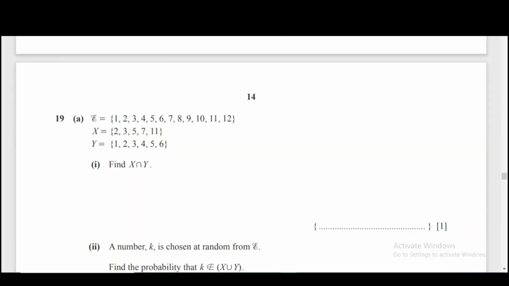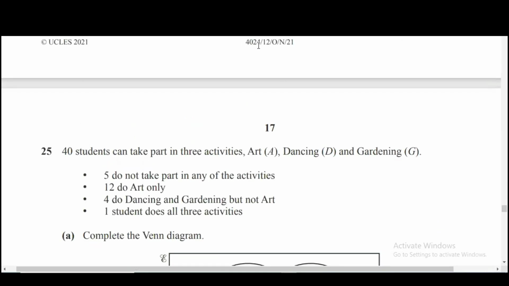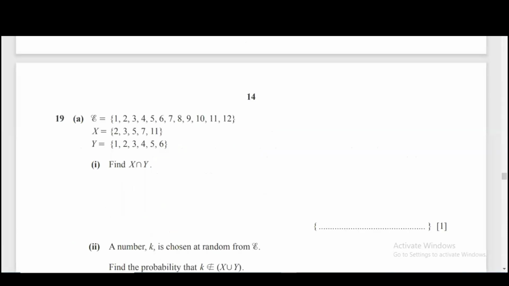There are two papers I'm going to discuss here: 4024/12 paper 1 variant 2 October November 2021 and 4024 paper 1 variant 1 October November 2021, question number 19. So let's start here.